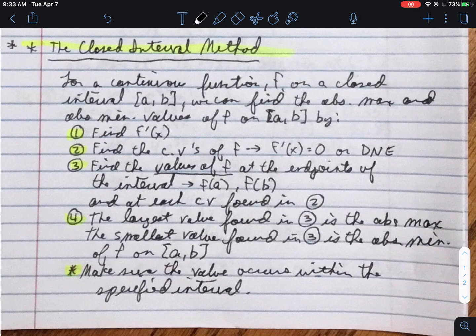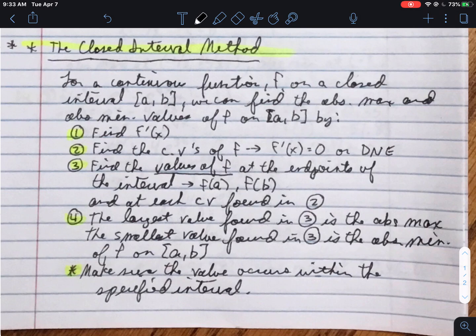So once we identify the critical values, we find f of a, f of b, find the value of the function at the critical values, and then simply compare. Step 4, the largest of those values found in step 3 is your absolute max, and the smallest is your absolute minimum value of the function on that interval.